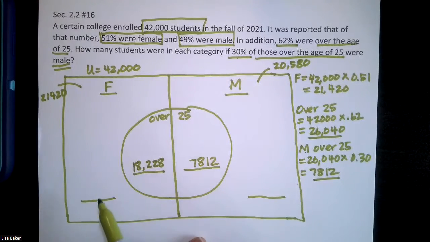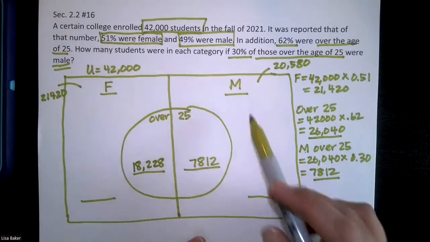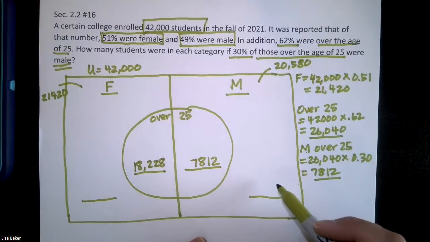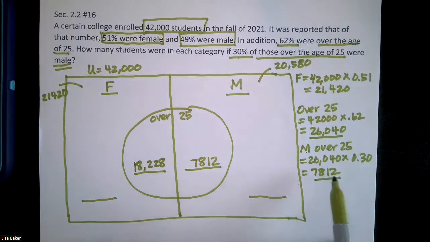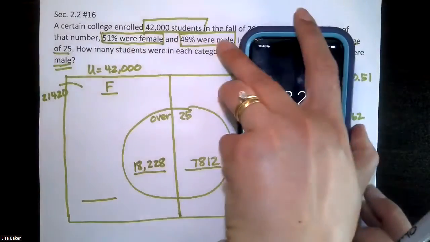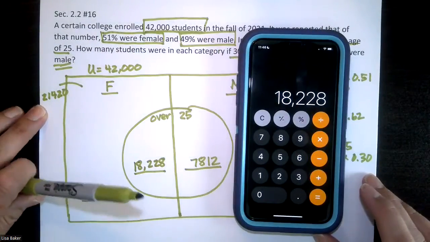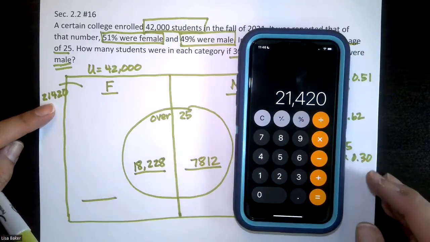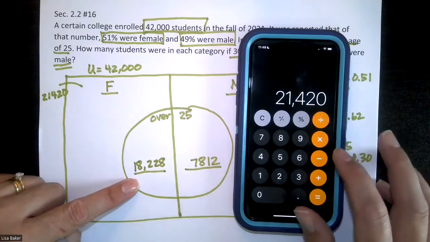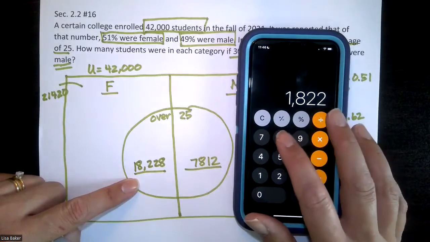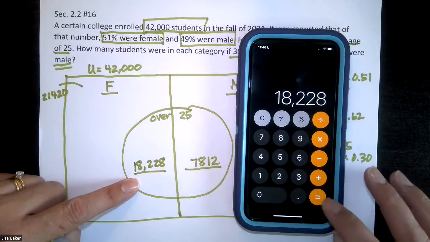Now we've got to find how many females are 25 and under, and how many males are 25 and under. We can do the same thing where we take the numbers out. We take the total number of females, 21,420, and subtract 18,228.